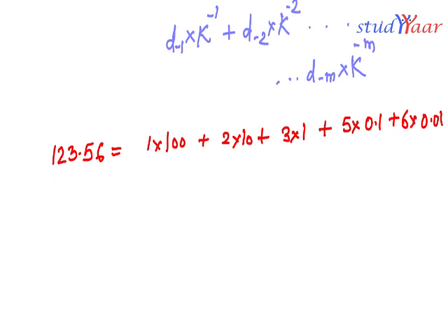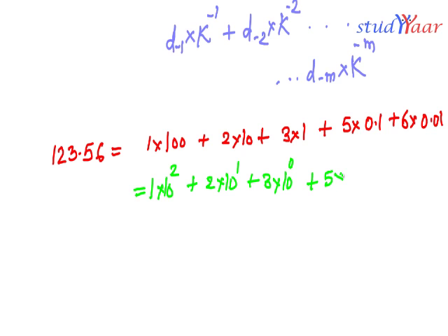If you look closer to this expression, you're going to realize that this is same as 1 into 10 raised to 2 plus 2 into 10 raised to 1 plus 3 into 10 raised to 0. Anything raised to 0 is 1, okay?